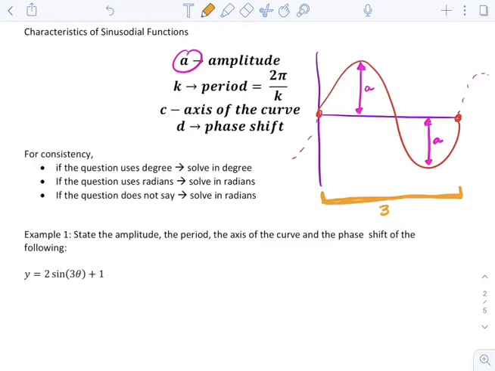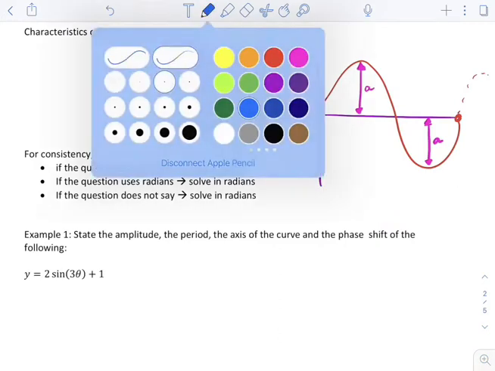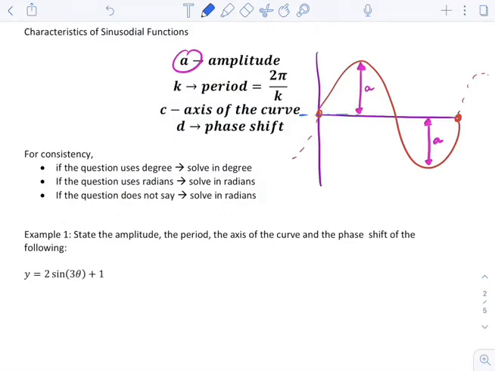The axis of the curve, or equation of the axis, is a line that is halfway between the maximum and minimum that our graph oscillates around. When I say oscillates, it means it goes up, and it goes down, and it goes up, kind of like a swing. And a phase shift is how our graph is shifted to the right or to the left, basically horizontal translations.